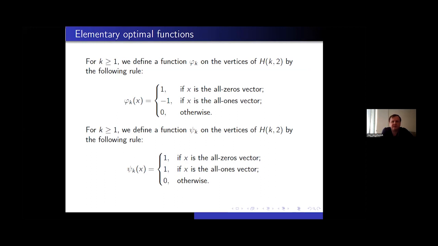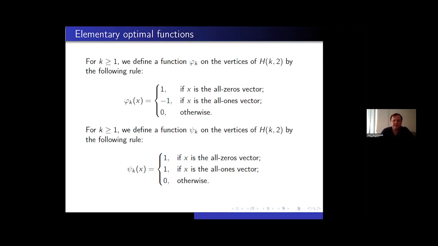Phi k of x is equal to 1 if x is the all-zero vector, equal to minus 1 if x is the all-ones vector, and equal to 0 otherwise. Function psi k of x is equal to 1 if x is the all-zero vector, equal to 1 if x is the all-ones vector, and equal to 0 otherwise.